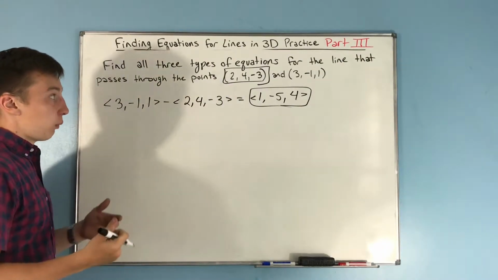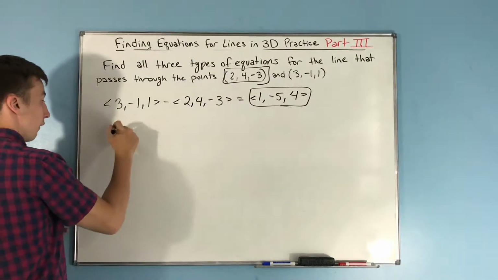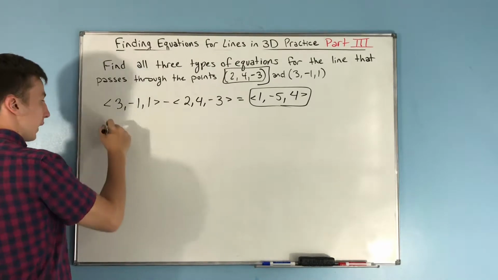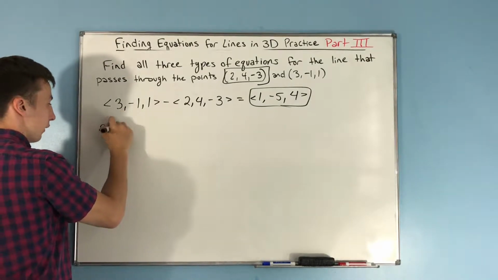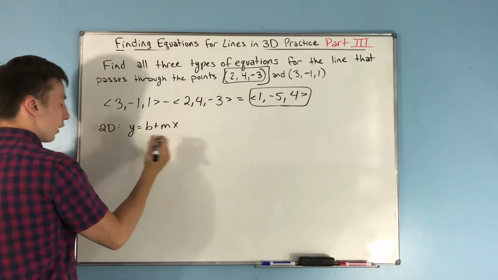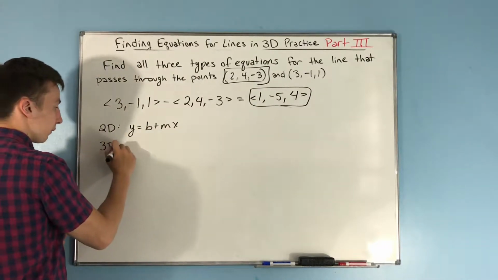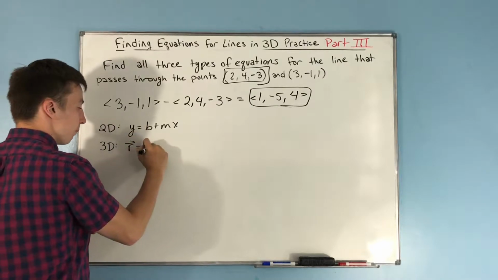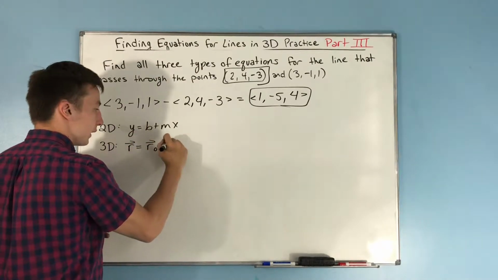Now we can plug that into our vector equation. Remember, our equation in 2D is y equals b plus mx, and our equation in 3D is the vector r equals the vector r naught plus tv.